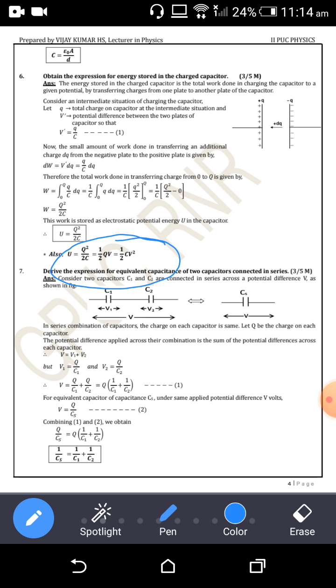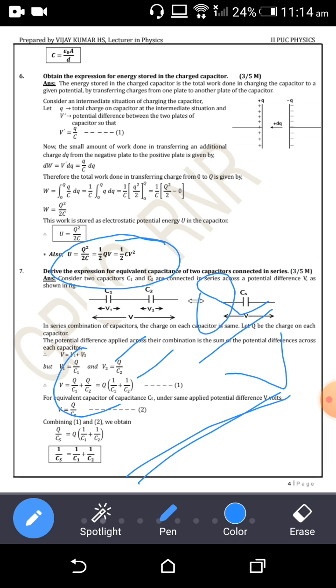Taking the equation C is equal to Q by V, if you substitute the value of C in the place of Q square divided by 2c, you are going to get the different forms. Similarly, it is half CV square. This is how we express the potential energy of a charged capacitor in different ways.